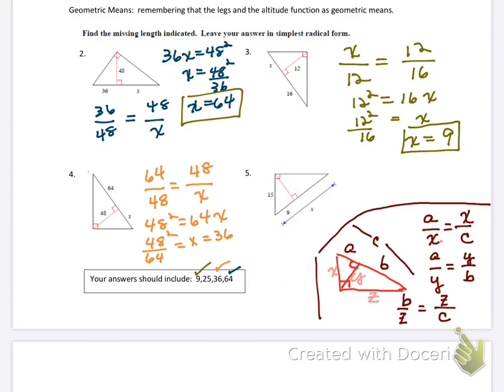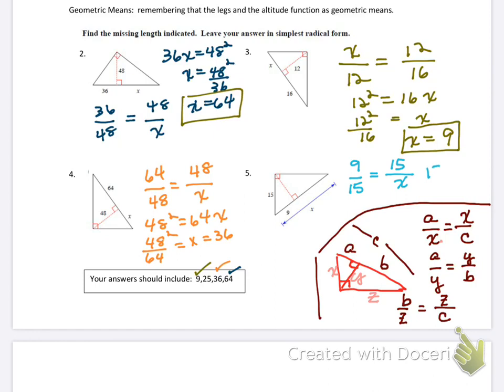This last one is a leg. So that leg also functions as a geometric mean. So we have to be careful here. Put the 15 where the geometric mean goes, but what kind of geometric mean is it? What are the two numbers that you have to consider? Well, you have to consider the piece of the hypotenuse closest to the 15, so that's 9, and the entire hypotenuse, which is x.